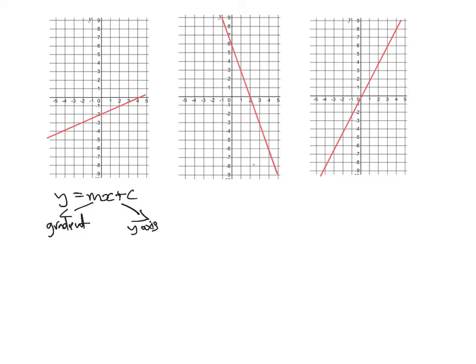If you get stuck, at least work out one of them, and the easiest one to work out is the y-axis intercept, because all you have to do is go along the y-axis until you find where the line intercepts or cuts it, and that's the value of c. Here we can see this is -2.